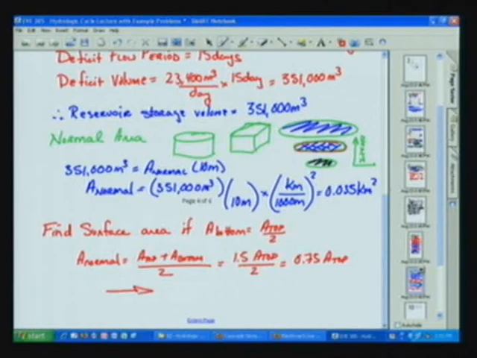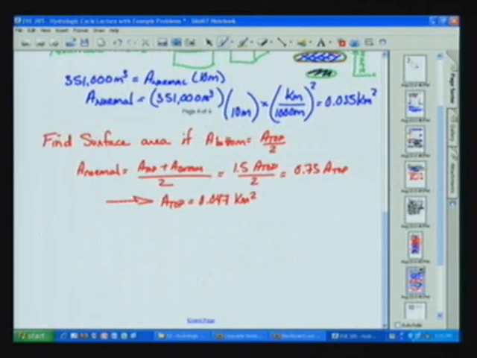And so that's going to give us the area of the top is 0.047 square kilometers. Okay, and as we should expect, it's larger than the normal area. If we were to calculate the area of the bottom, it would be smaller than the normal area.